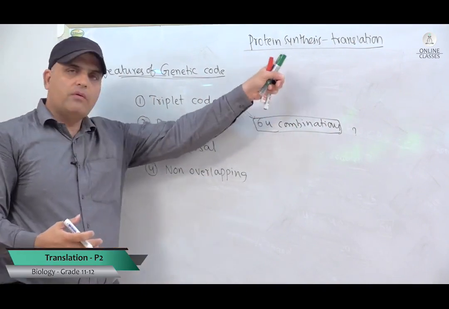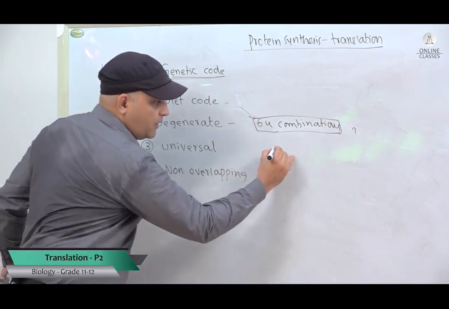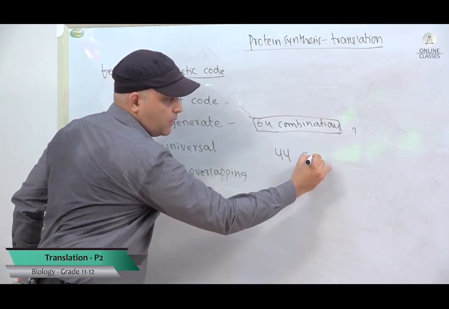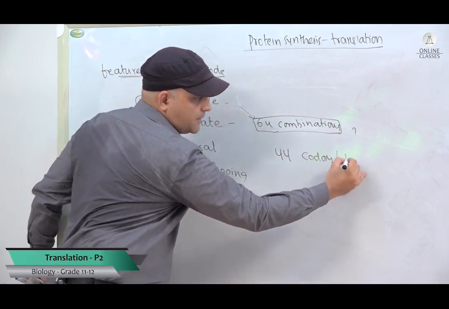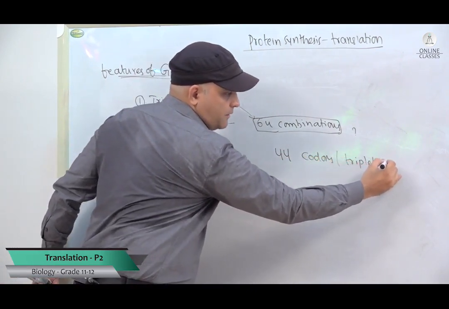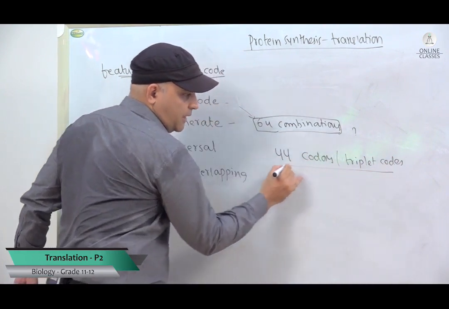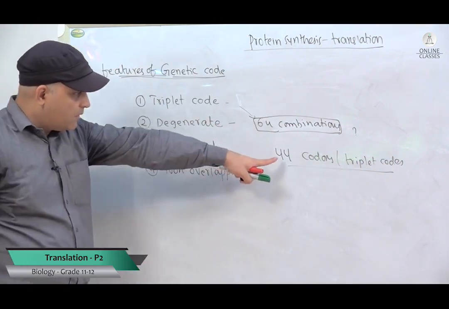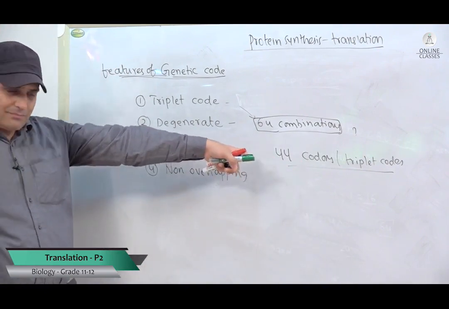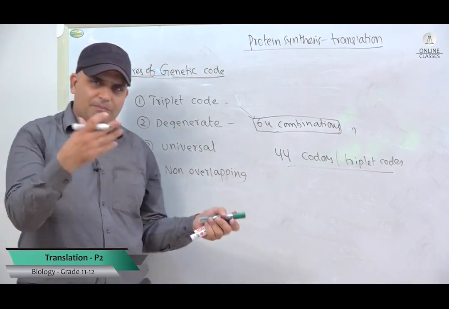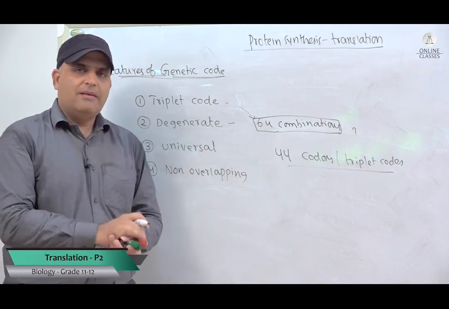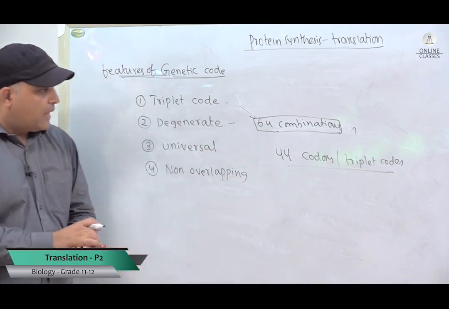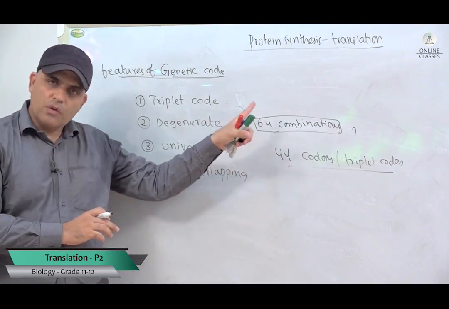I have allocated 20 for 20 amino acids, and there are remaining 44 codons, or you can say triplet codes, which are excess. Do you agree? I am left with 44 more. So should I just ignore them, or just leave them like that? No, it's not possible. I have to use these 44 codons also.